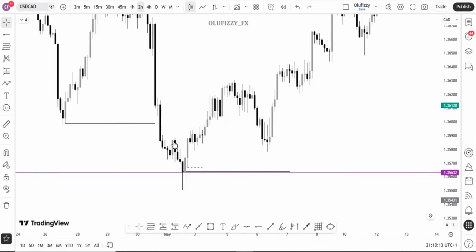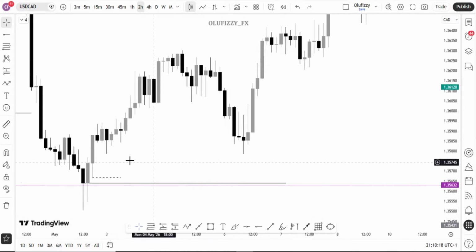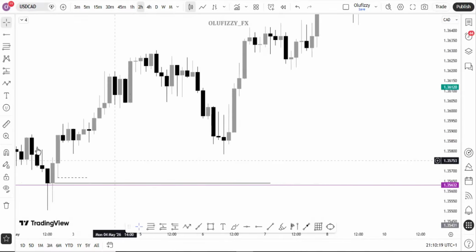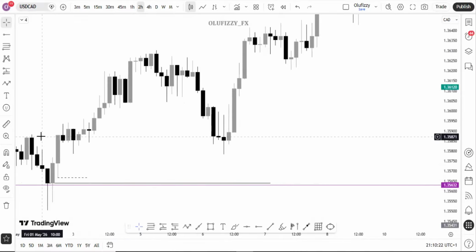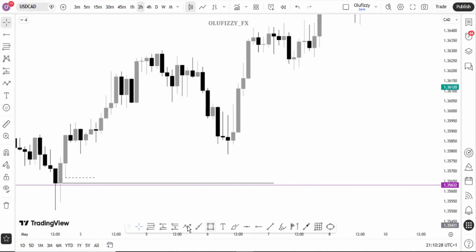So let's say we want to start marking a structure according to what we can see here. Let's assume this is where the market starts forming. So we have this high here, we have this high, and we have a low.